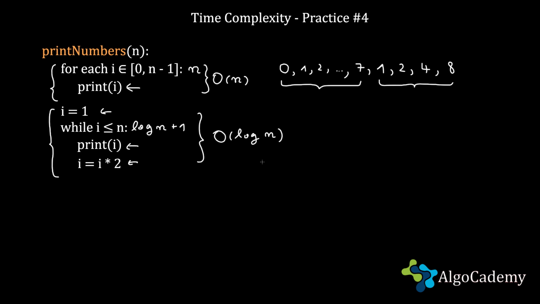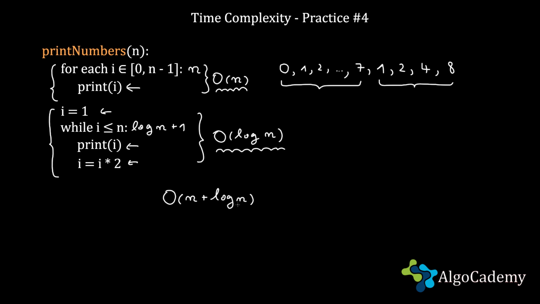So, as you can see, I have an algorithm that consists of two sub-algorithms, the first one being executed in big O of n, and the second one being executed in big O of log n. So what I have to do is, of course, add this together. I can say if we add them together, big O of n plus log n.